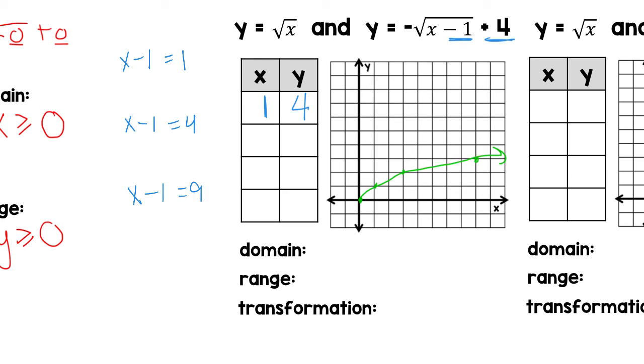We can solve for x, add 1 to each side, and we get x is 2. It goes in the x column. Add 1 to each side, and we get x is 5, in the x column again. And add 1, and we get x is 10. Goes in the x column.